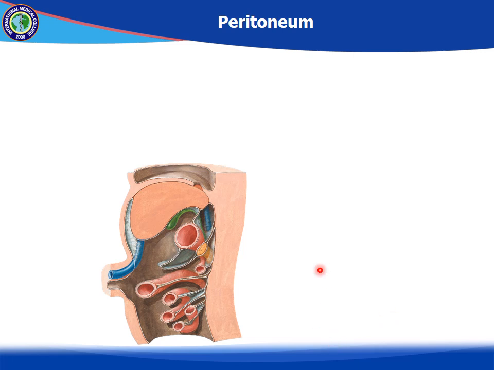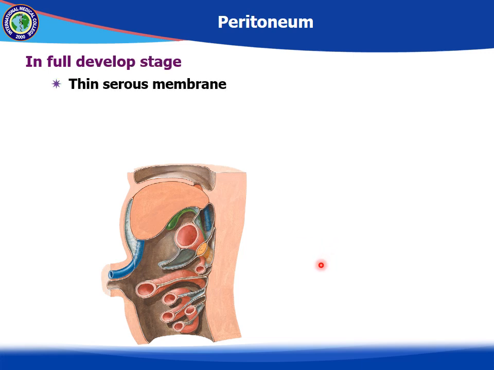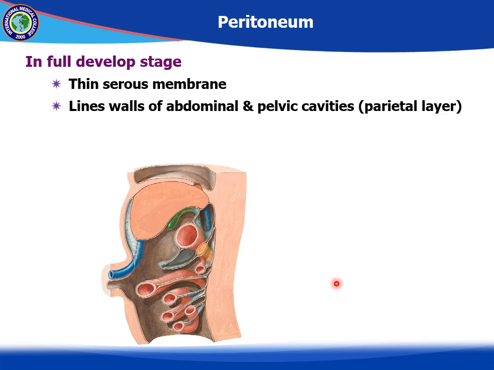You can see a relatively later stage of development, the stomach is there, and at this stage we get a relatively well developed peritoneum as a thin serous membrane. So we can define the peritoneum as a thin serous membrane comprising mesothelium on a thin layer of connective tissue that lines the wall of the abdomen as well as the pelvic cavity.